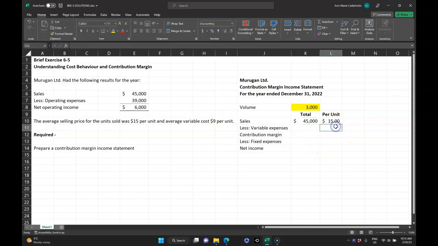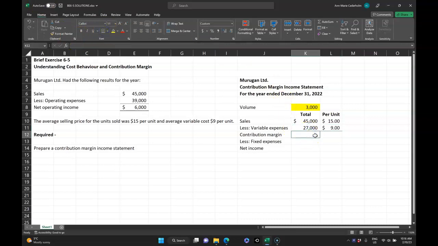Variable just means that this unit amount stays the same, but the total amount will change because it'll go up and down based off of how many cookies you make. So if it tells me that the average cost for a cookie is $9, then you can take 9 times 3,000, and that gives me 27,000.